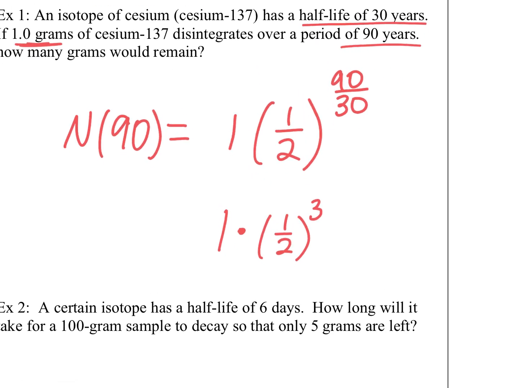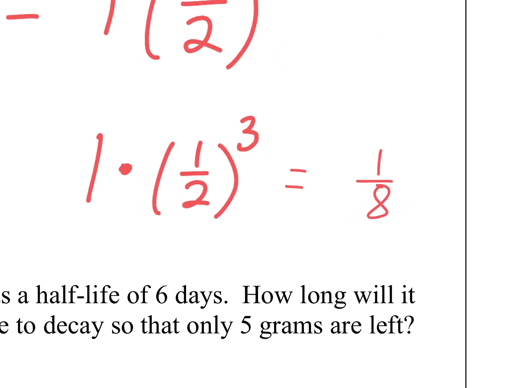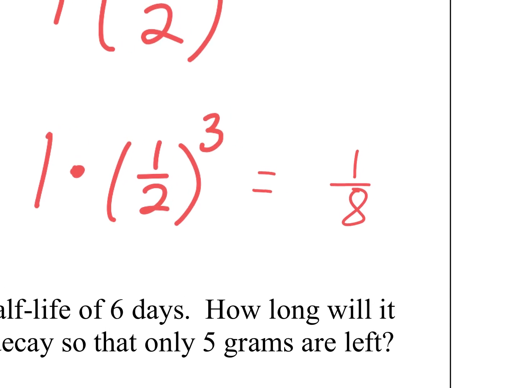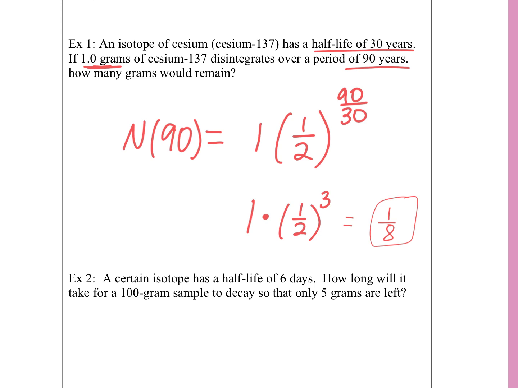So literally it's just 1 times 1/2 to the 3rd power. Or just 1/2 to the 3rd power, because anything times 1 is itself. It comes out as 1/8. 1/8? Okay. You got 1/2? It should be 1/8. Because 1/2 times 1/2 times 1/2 is going to be 1/8. Okay? You can also put it in decimal form, that's fine too. Okay? But it's going to be 1/8 of a gram.